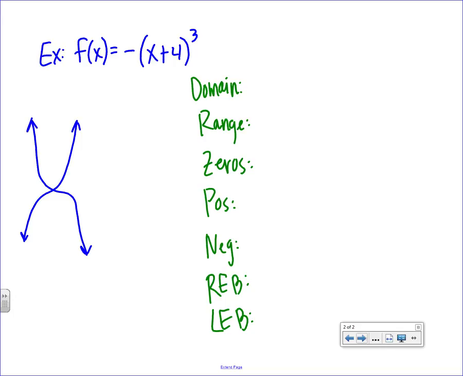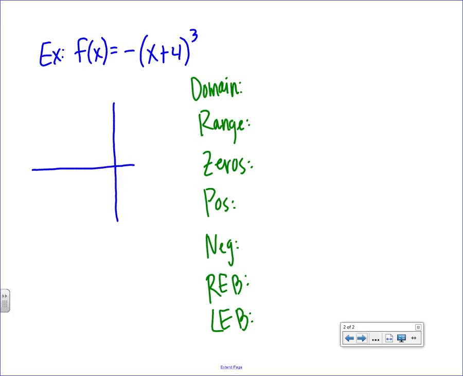What does this plus 4 inside of the cube do? Left. Good. So it'll go left 4. We don't even need to graph it in our calculators because we just know that it will do that. You can always graph it if you need to, but it's just nice to know. So let's go left 4 on the x-axis. 1, 2, 3, 4.